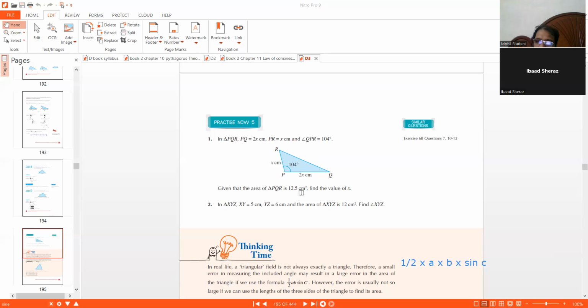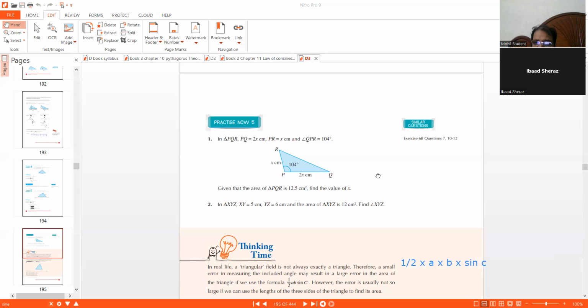So you do 12.5 is equal to half times 2x times x, that is 2x squared, multiplied by sine 104. So sine 104 will divide 12.5, and then you will divide by 2, and then the whole procedure.